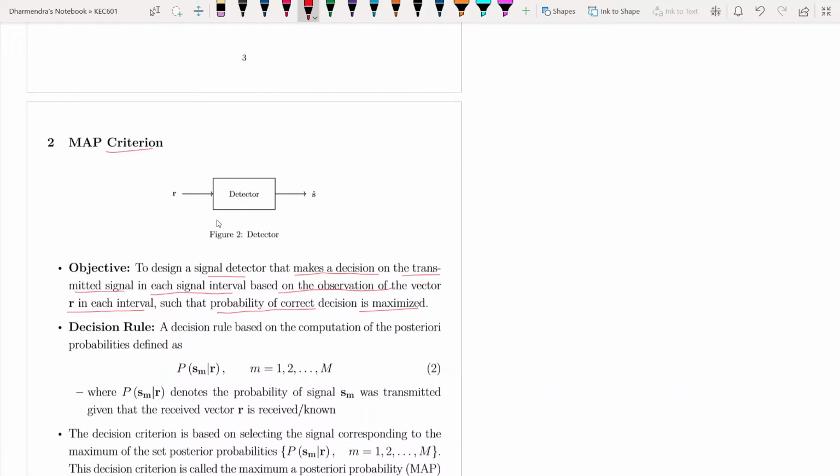So the decision rule is based on computation of the posteriori probability defined like this.